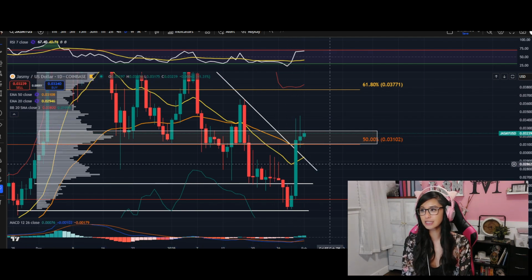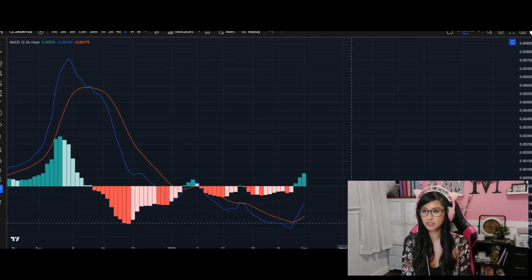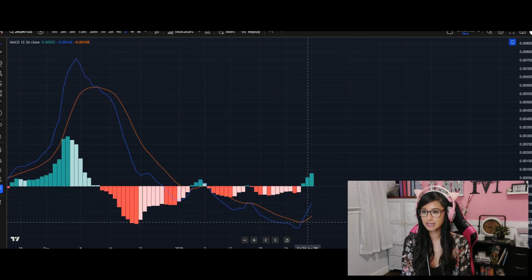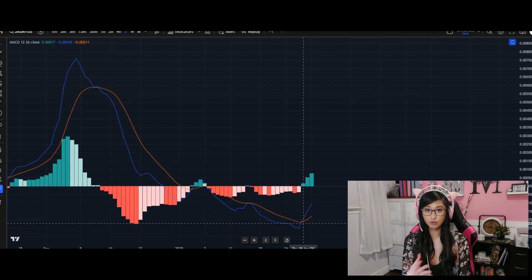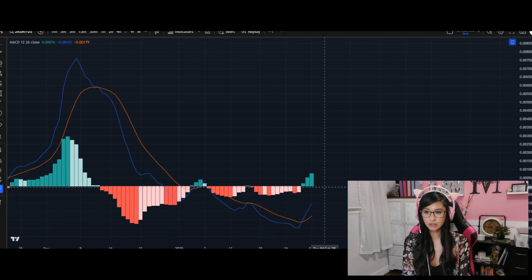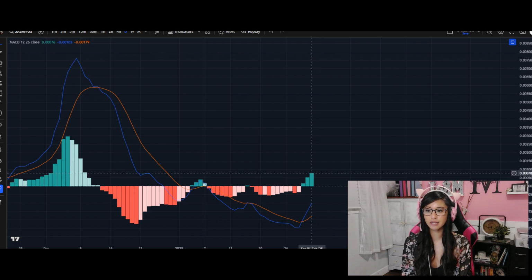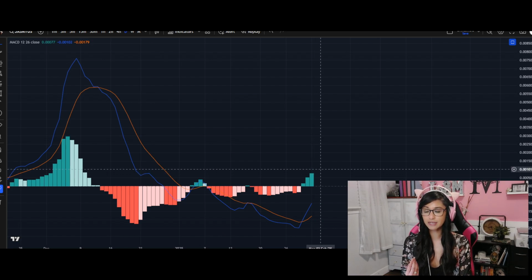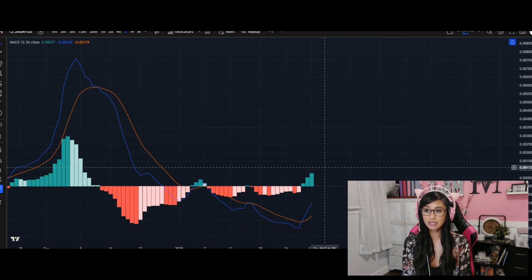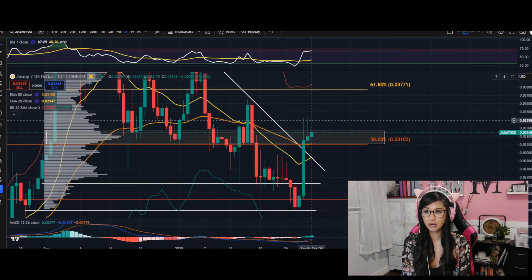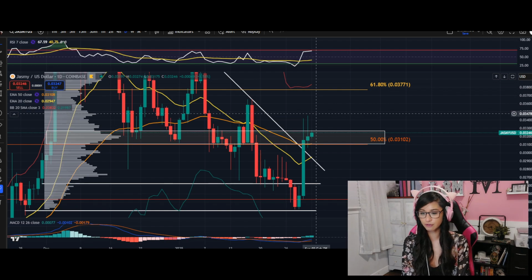Now, what I do ideally like with this daily time frame is we do see our MACD indicator, our K and our D lines cross below our 0%. This initially shows that momentum has shifted over from our bear side over to our bull side itself. We do ideally want to see these histograms and these bars continuously getting bigger in size as well to gauge that momentum, especially coming up to this area of resistance of 0.034.